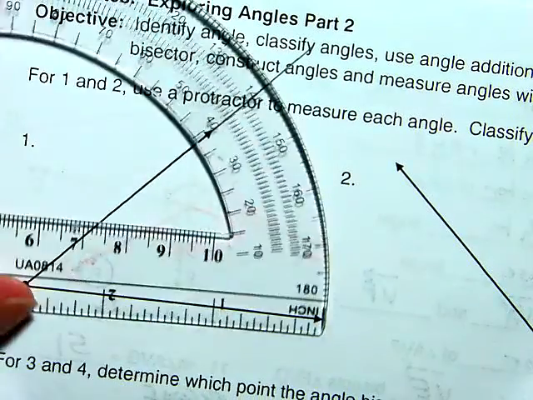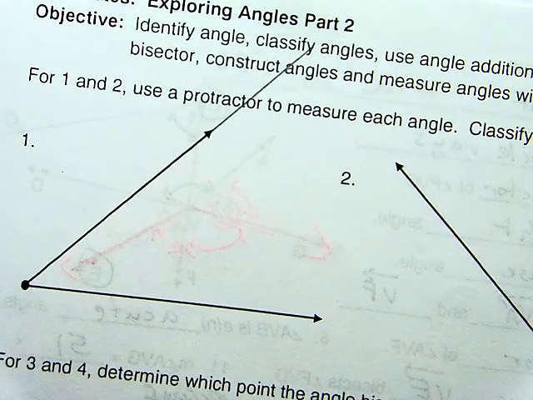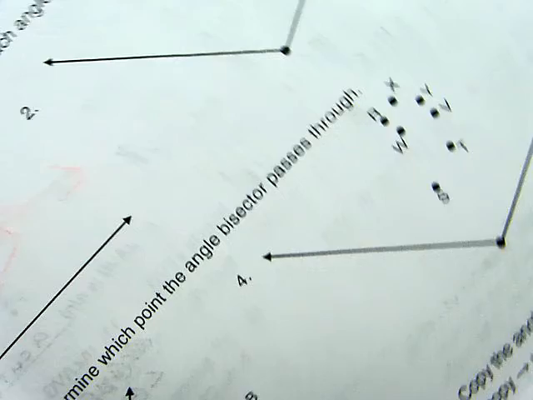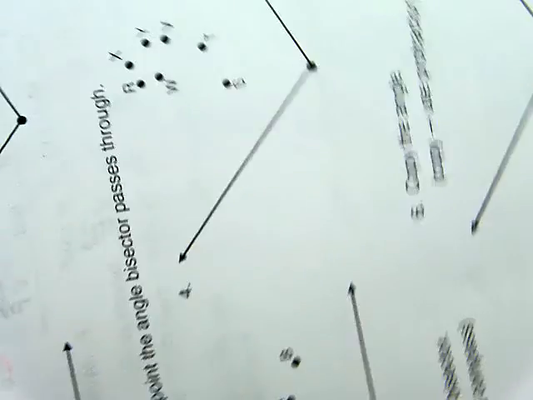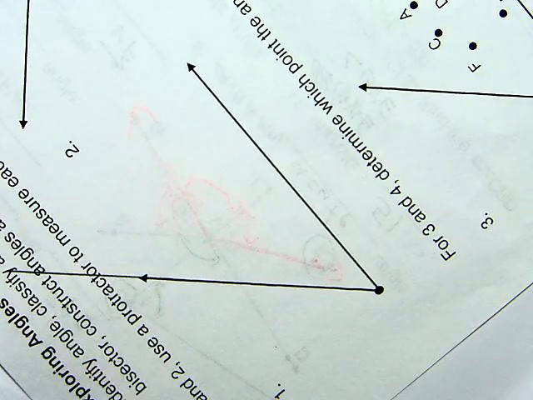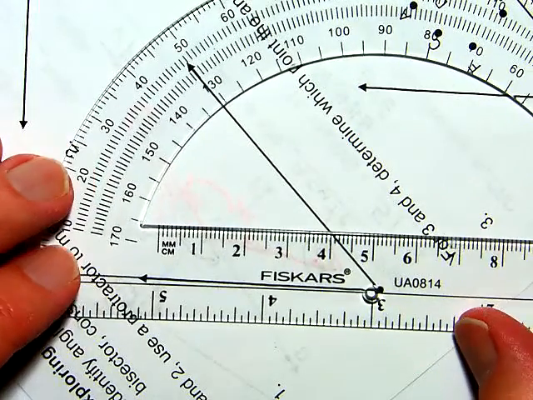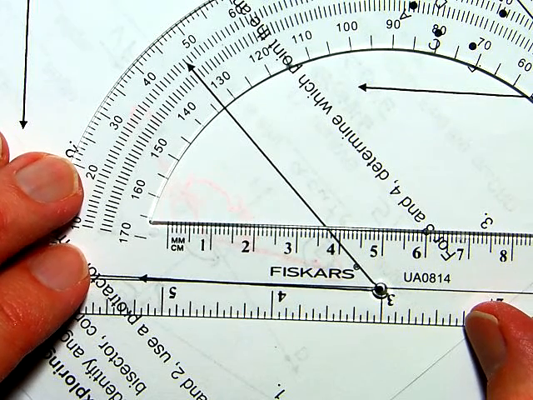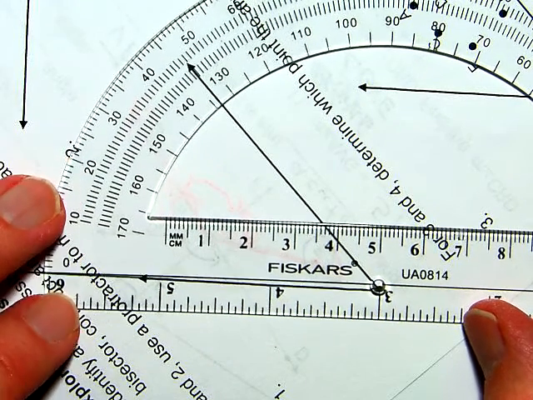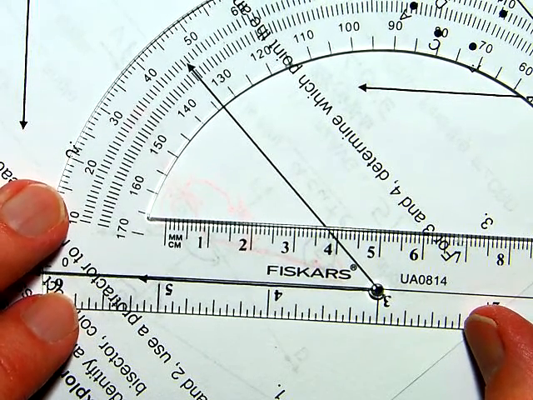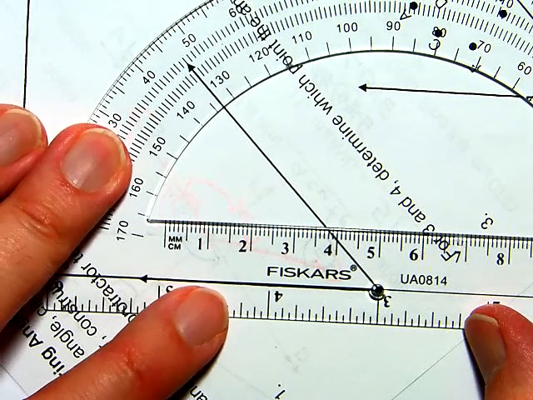Now, what if you didn't want to lengthen that side? If the other side is long enough, let me just show you that there's another way you could measure angles. If we turn the angle around like this, and I'm only going to do this for this one angle, just to show you there's another way to do it, I want to use the clockwise scale. I can now line up the origin with the vertex of the angle, line up the baseline with the ray, and now read off over here.